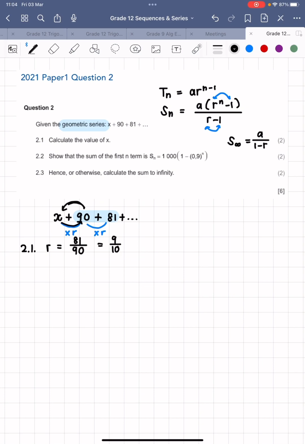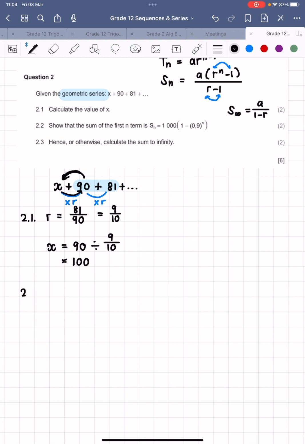Now we are working backwards. What is the opposite of multiplying by 9 over 10? Dividing by 9 over 10. So to get our x value, our first term, we are going to take term 2 and we are going to divide it by that constant ratio, 9 over 10. And when we do that, we are going to get an answer of 100. So that is the value of x, that is the value of our first term.